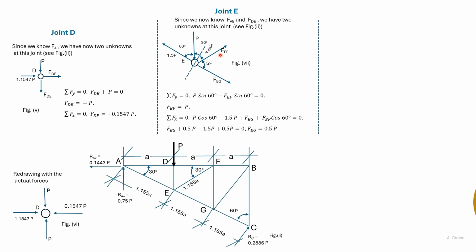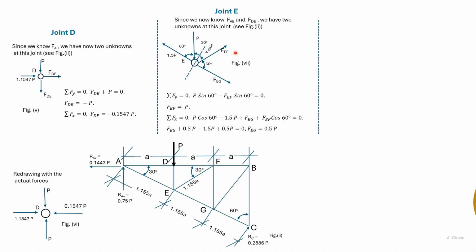From summation Fy is equal to 0, we get FEF cos 30 is equal to P cos 30, or FEF is equal to P. From summation Fx is equal to 0, we get P cos 60 minus 1.5P plus FEF cos 60 plus FEG is equal to 0.